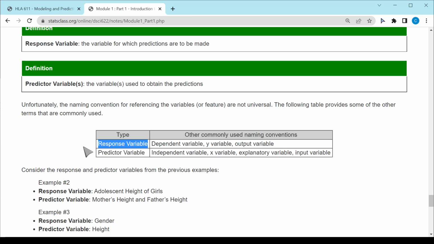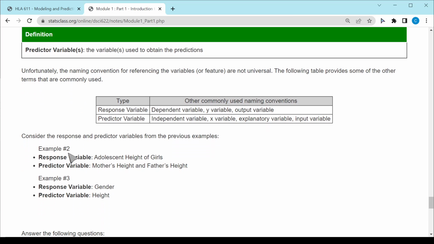The variables that are being used to do the predictions might be referred to as the independent variables, the x variables, the explanatory variables, or the input variables. Again, there's a variety of language that gets used in this context. More than likely, I will stick to the terms response variable and predictor variables.